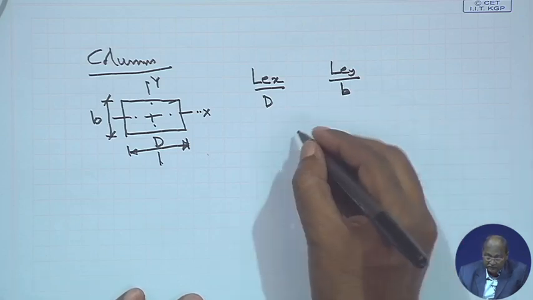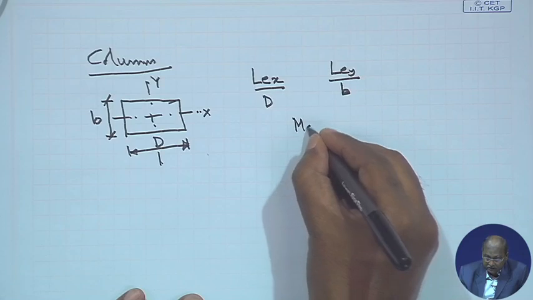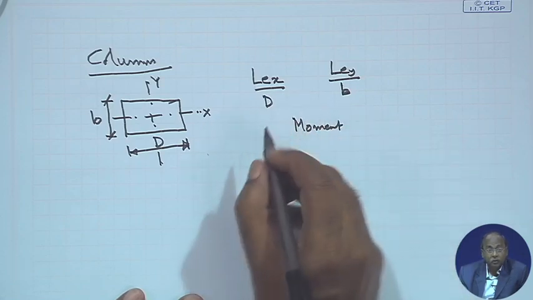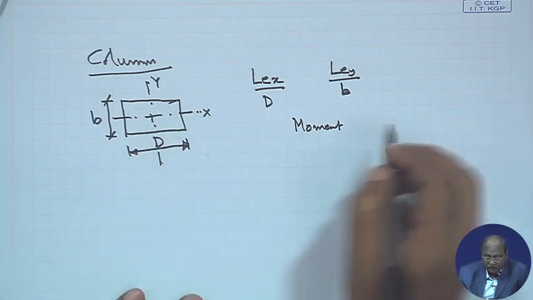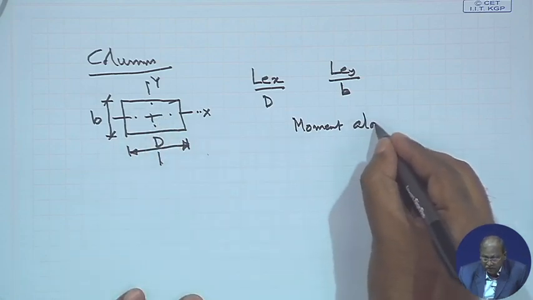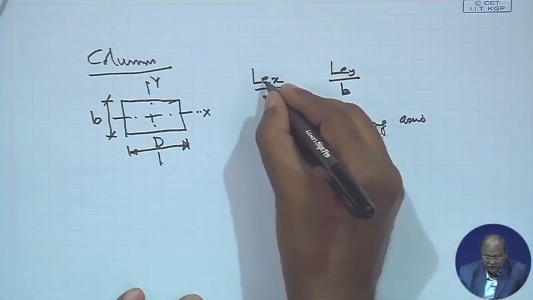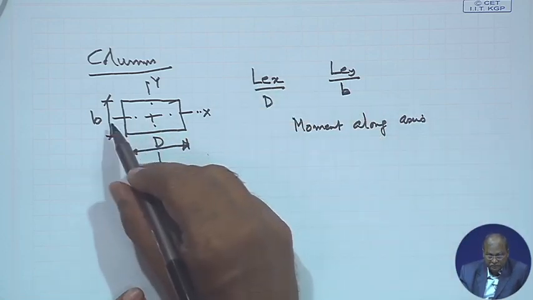This one means that moment along an axis. This is the convention: always the moment is actually about an axis, but in this case we mean moment along the axis.